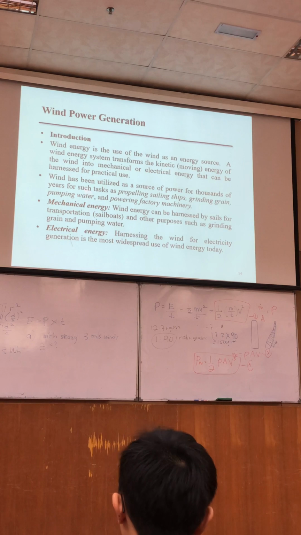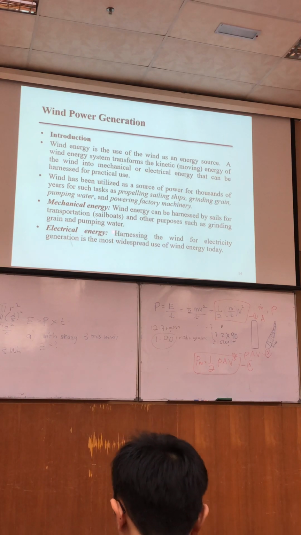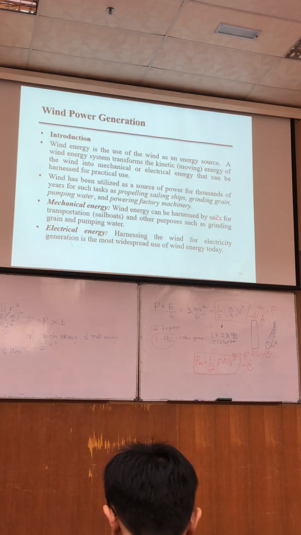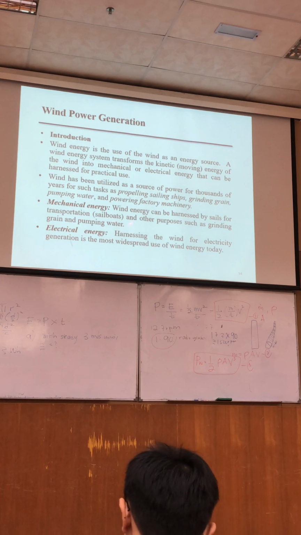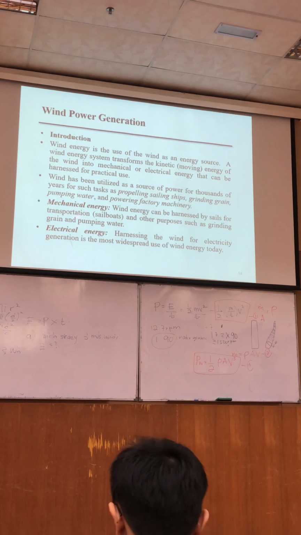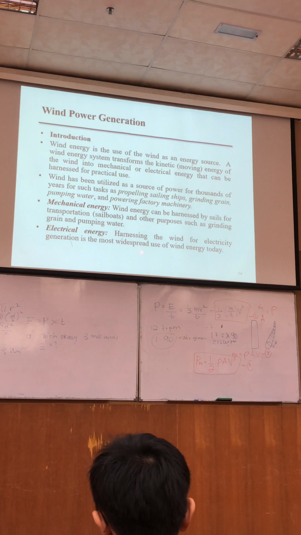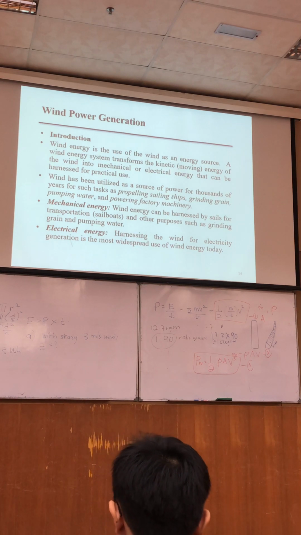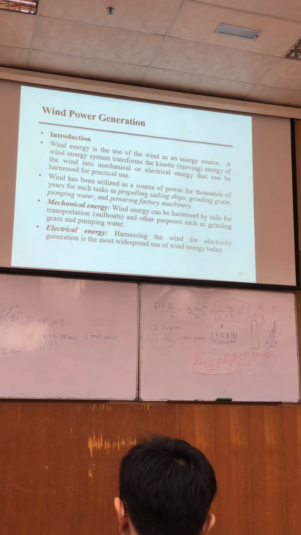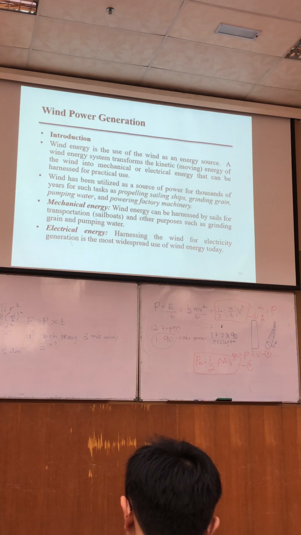We convert wind energy to mechanical energy by sails for transportation, sailboats, and other purposes such as grinding grain and pumping water. And then we can also convert wind energy to electric energy, which is harnessing the wind for electricity generation, currently the most widespread use of wind energy.